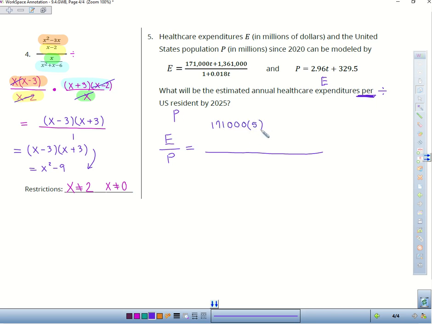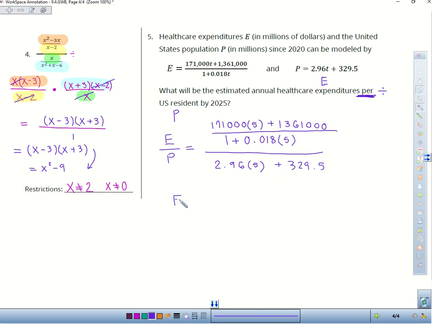So I'm going to do E, plugging in 5 for T. So I'm just taking E. And then what I'm going to do is plug in for P down here. So this can be a bit of a lengthy calculation in the calculator. If you're going to do it, I would say do this first, divide by this, and then keep that number and divide by all of that.